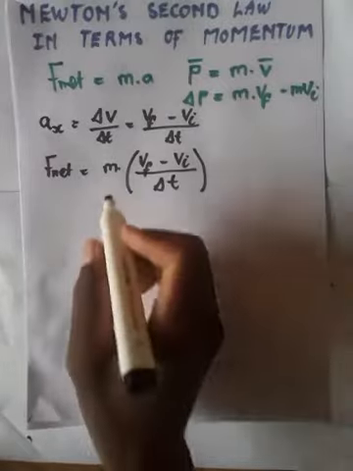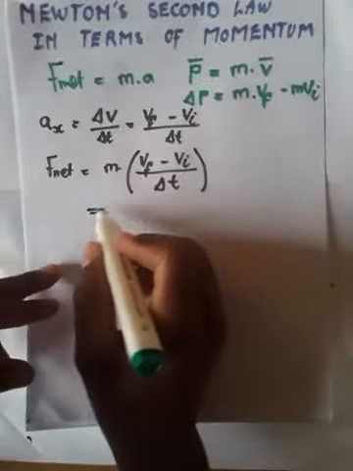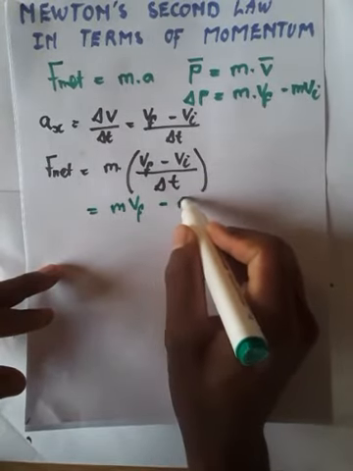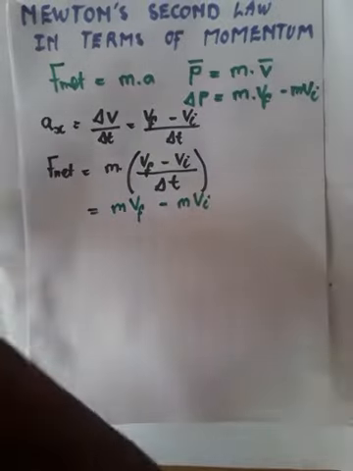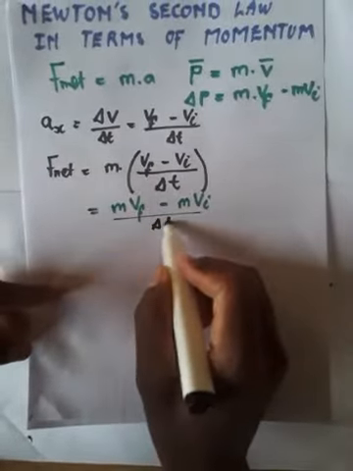So this is the same as mass multiplied by velocity final minus mass multiplied by velocity initial over the change in time.